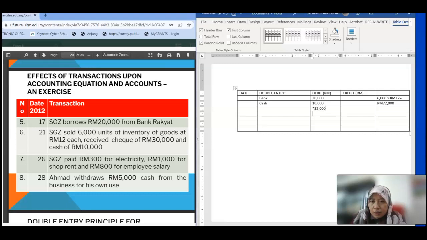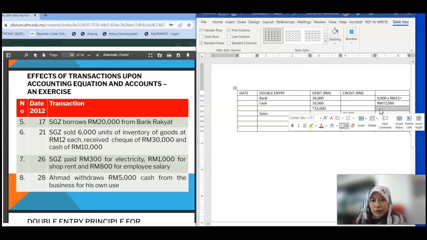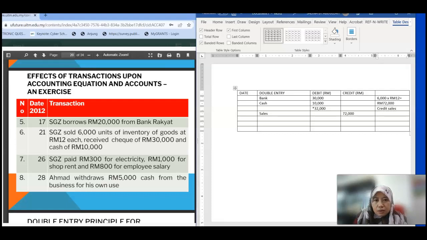You record sales as 72,000, so you will credit sales. So where are you going to record the balance? When the sales takes place, the balance of 32,000 is made by credit. So when the sales is credit sales, you need to record it in trade receivable.